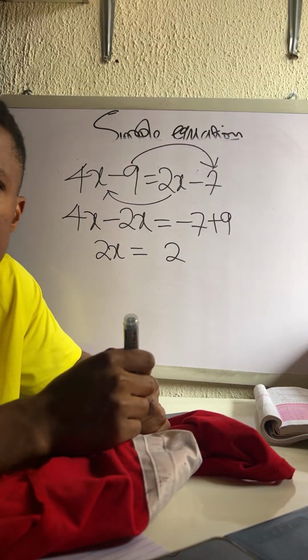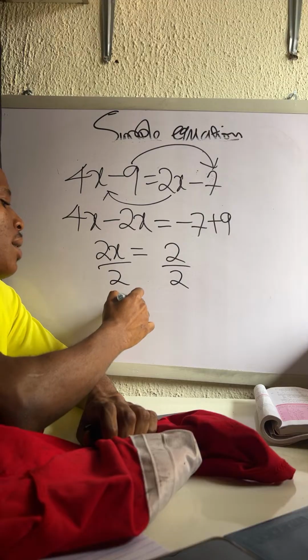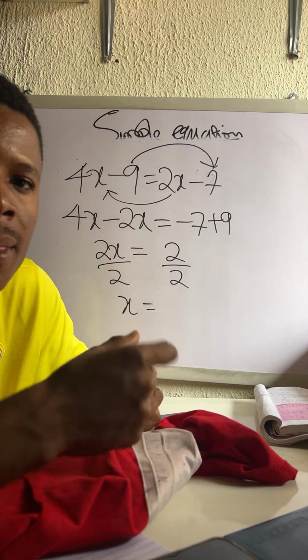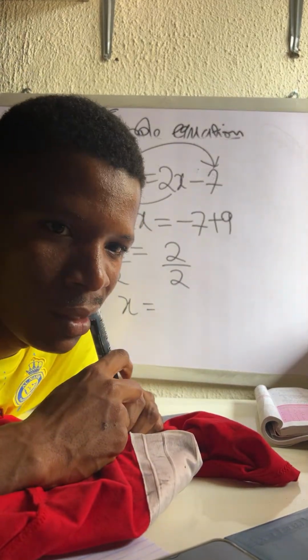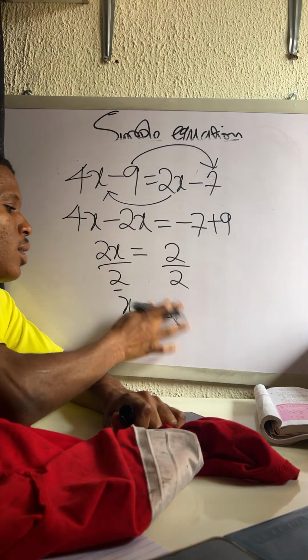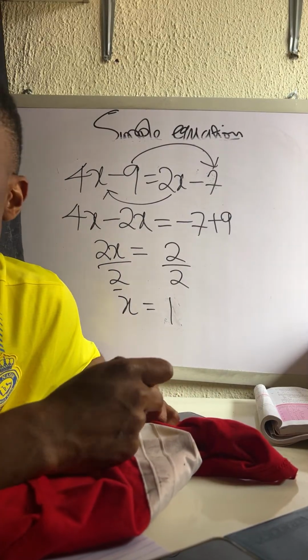So you divide through by 2. 2 divided by 2 is 1, sorry. So the answer is 1.